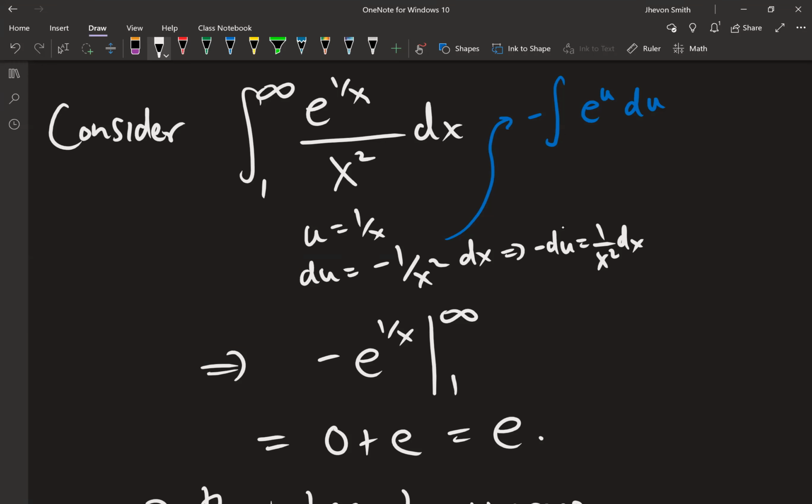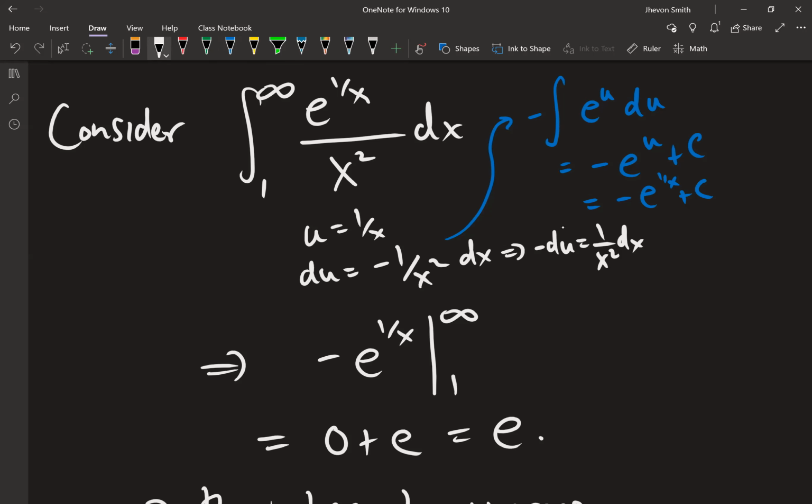The 1 over x is just u, so that's e to the u. The 1 over x squared dx is the minus du. The integral of this is minus e to the u plus c. So the integral is just minus e to the 1 over x plus c. However, it's a definite integral, so I have that. I just did the integration.